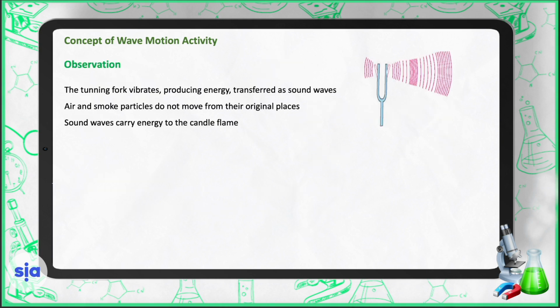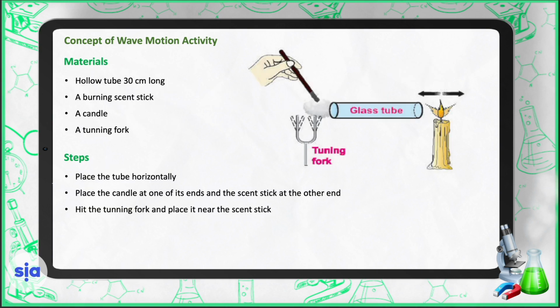We will find that the tuning fork vibrates, producing energy, and this energy will be transferred as sound waves. The air and the smoke particles do not move from their original places, but these sound waves will carry energy to the candle flame.